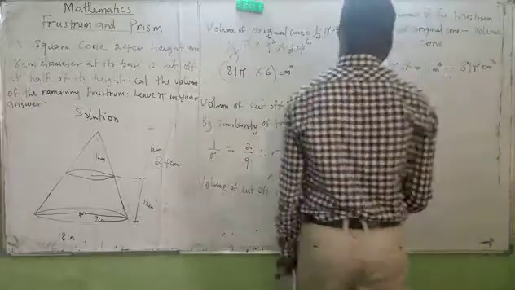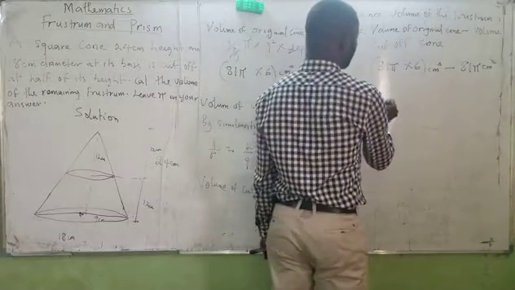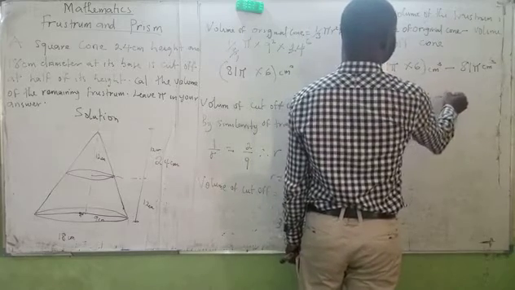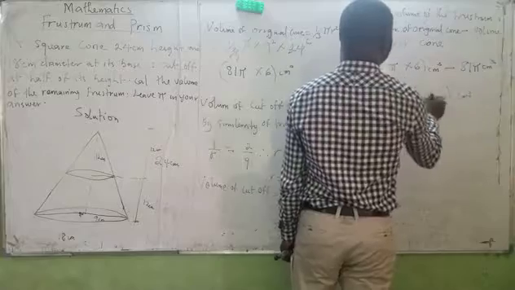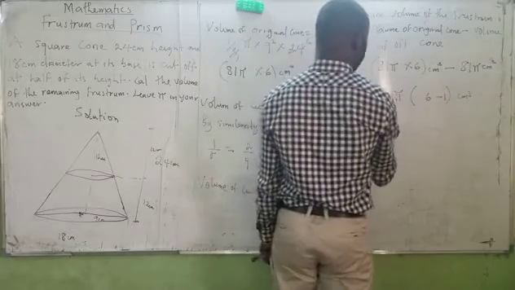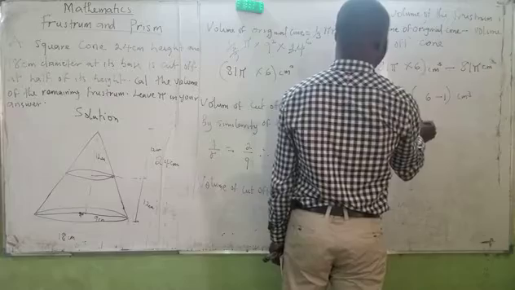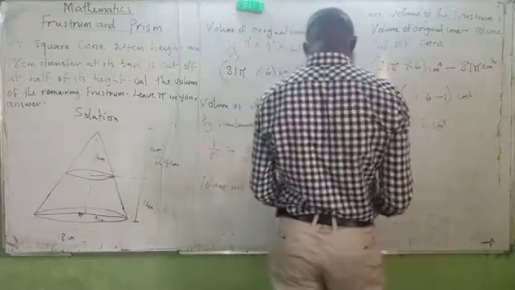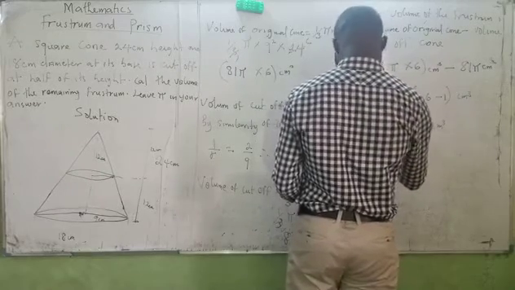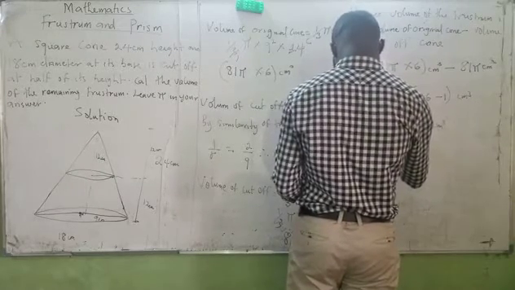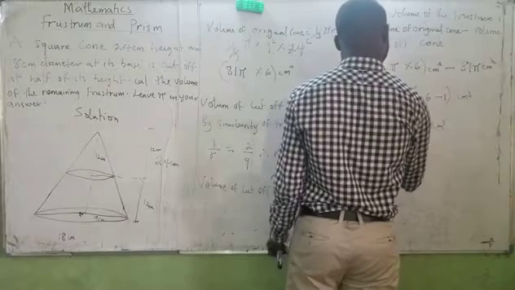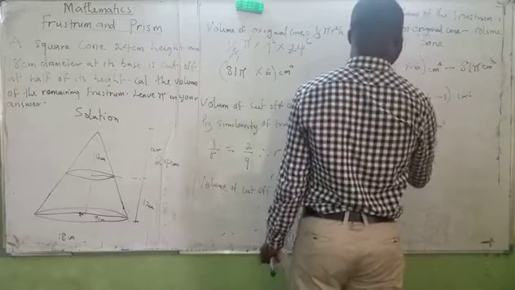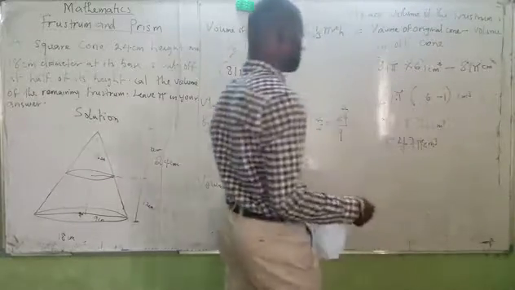Now, I can say 81 pi bracket of 6 minus 1 centimeter cube. It means 81 multiplied by 5 pi centimeter cube, which is 405 pi centimeter cube. That is the answer.